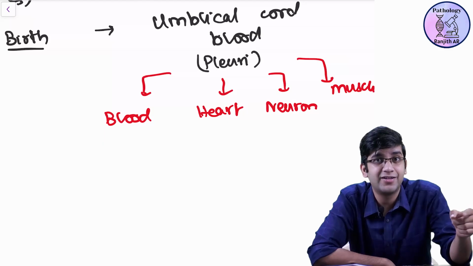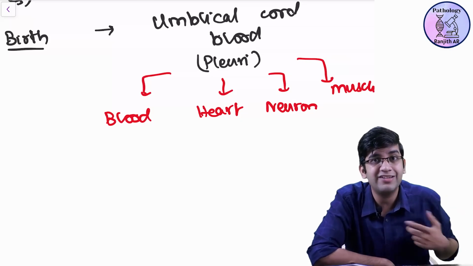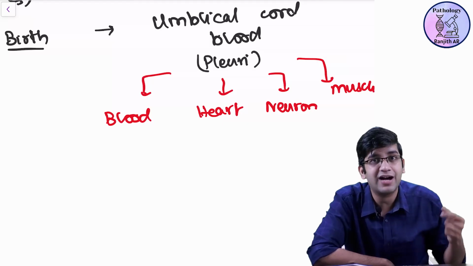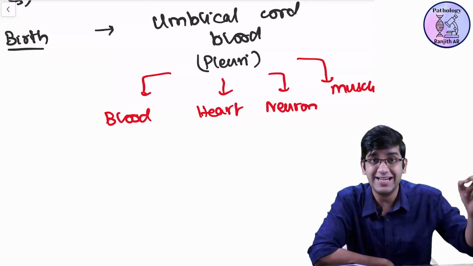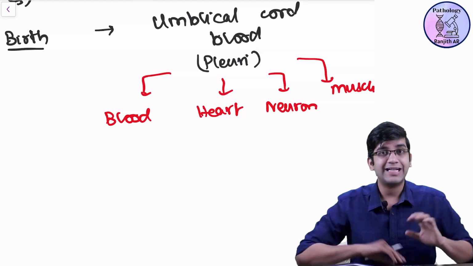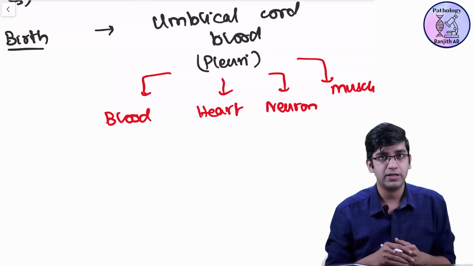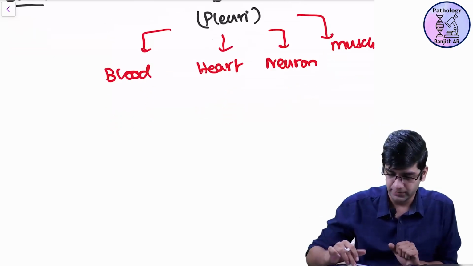Put the growth factors to become a cardiac muscle. Take the cardiac muscle once it's formed. Inject it into the infarcted myocardium. Replace the heart muscle, make it beat again. That's the ultimate goal. We are not yet there, but I'm sure we will be there sometime in future. Right? That's the use of umbilical cord blood transplant, storage, and the potency of my pluripotent stem cell.